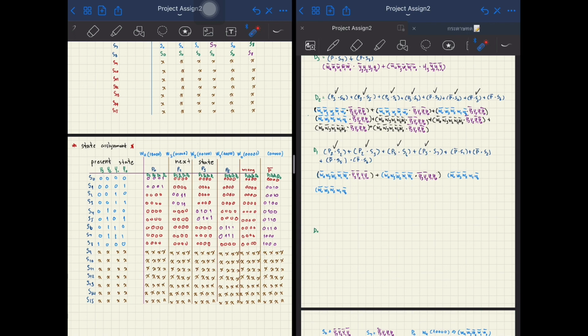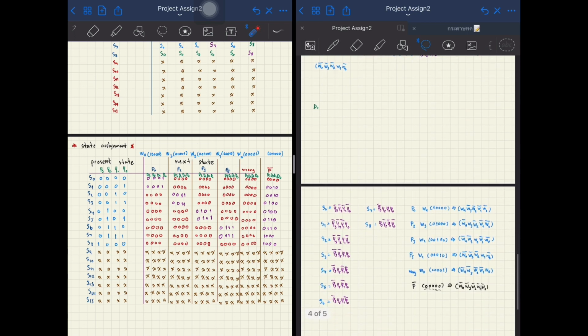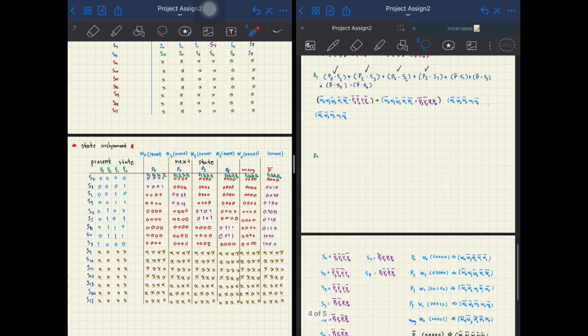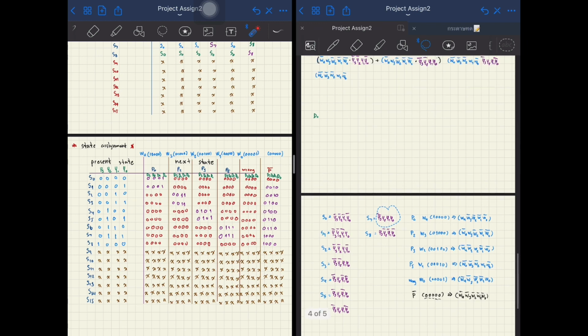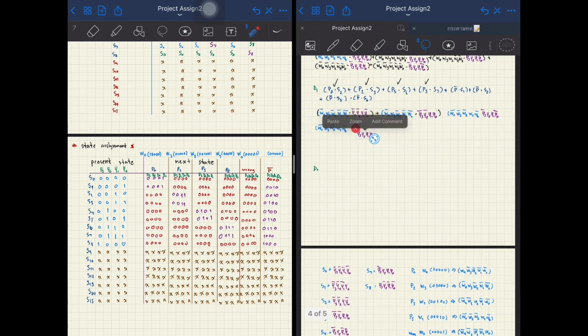State 6 is here, then state 7 is here. Oh, I forgot it, this must be or and or here.